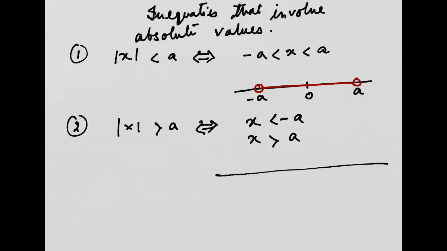And on the number line we already represent that as, if a is here and minus a is here, then our solution subset would be like this, extended to infinity on the positive side and negative infinity on the negative side, that is the left hand side. So the solution would be the union of these two sets.